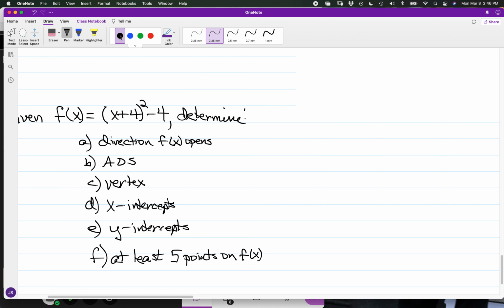Okay, so taking what we have now, f of x equal to a times the square of x minus h, followed by the addition of k.